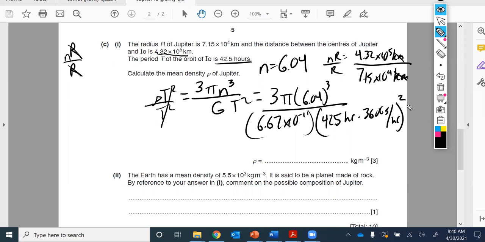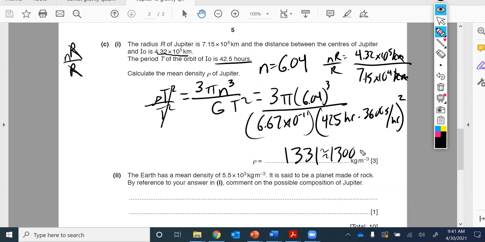I get that for my numerator, divided by G, 6.67 by 10 to the negative 11th, and then divided by, open parentheses, 42.5 times 3,600, close parentheses, squared. I get 1,331, which I would just maybe say 1,300 kilograms per cubic meter for Jupiter.